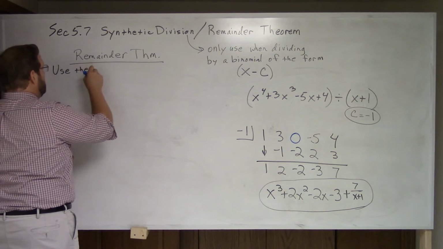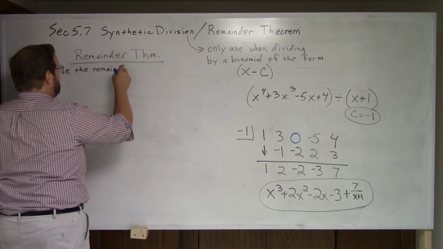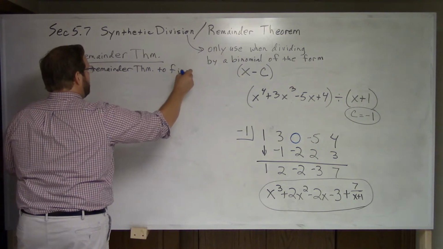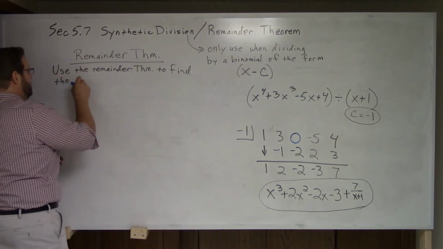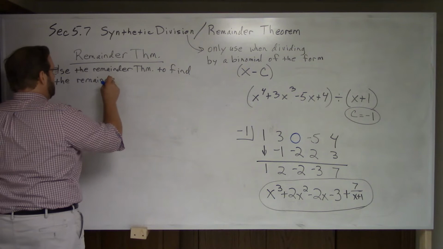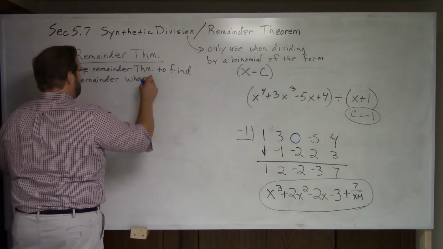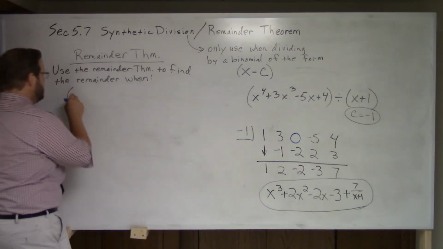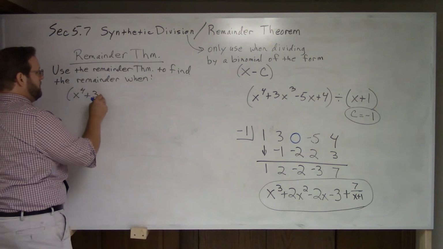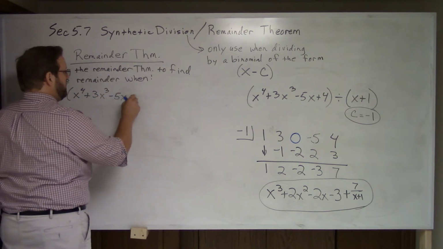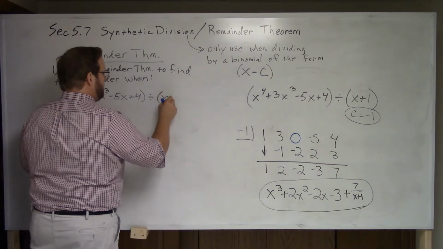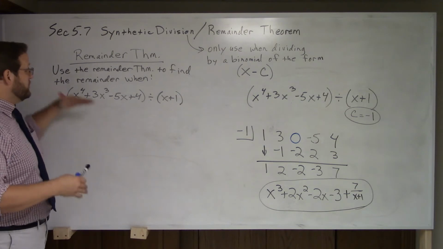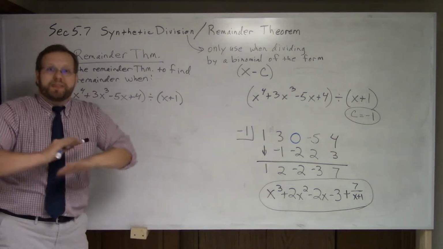Use the remainder theorem to find the remainder when, and again, I'm going to do this problem again just so we have a side-by-side comparison. Okay? So use the remainder theorem to find the remainder when we do the division, without doing the division.